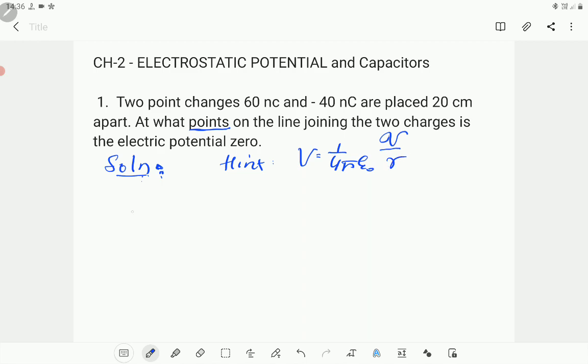Here he says there are two charges. Charge at say position A, Q1, 60 nano, 10 power minus 9 coulomb. We will use it while substituting the value. Second one, point B, their charge Q2 having minus 40 nano coulomb.